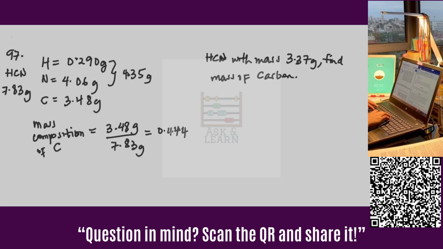So now that we know the mass composition of carbon in this hydrogen cyanide, we can use that mass composition, multiply that by the sample of hydrogen cyanide in order to get what the mass of carbon is.